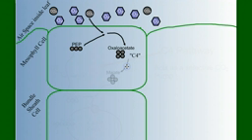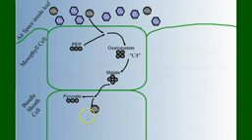Then the oxaloacetate is converted to malate, another 4-carbon molecule. And here's where things get interesting. This malate diffuses out of the chloroplast, out of the mesophyll cell, and into a bundle sheath cell. And when it does, it splits into a molecule of carbon dioxide and a molecule of pyruvate.